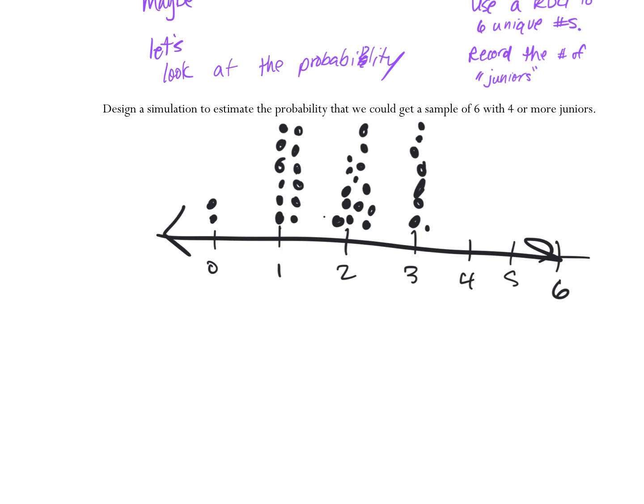How many of you feel comfortable using this graph to find the probability of 4 or more? Or this graph, finding the probability of 3 or more? Do we feel okay finding the probability from a graph? The other thing I'm going to ask of you is to decide, is a simulation a good simulation, why or why not?